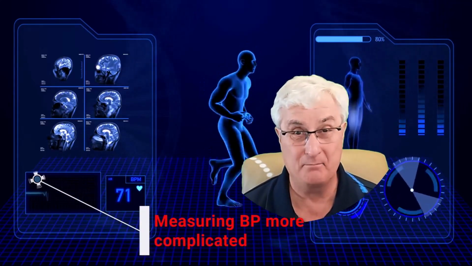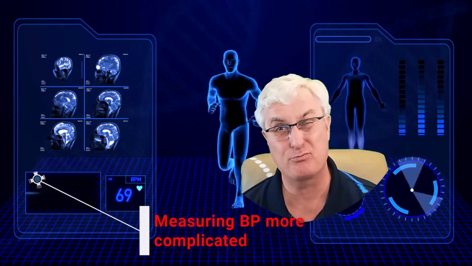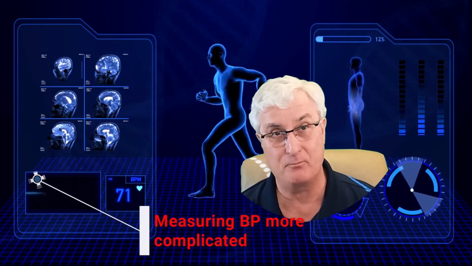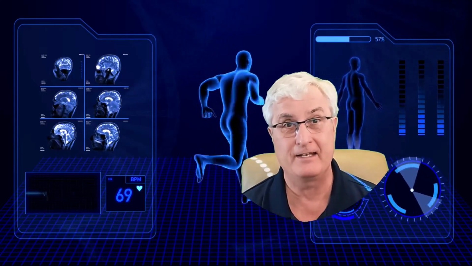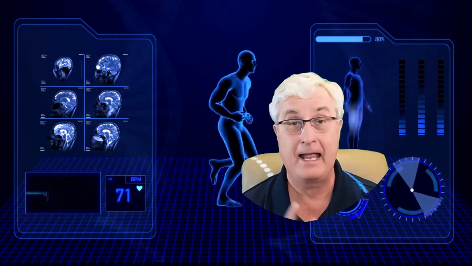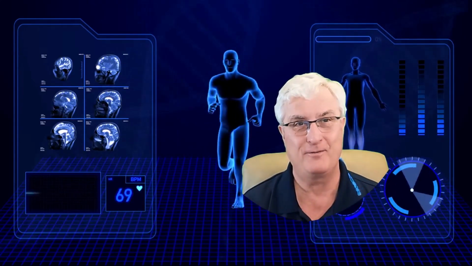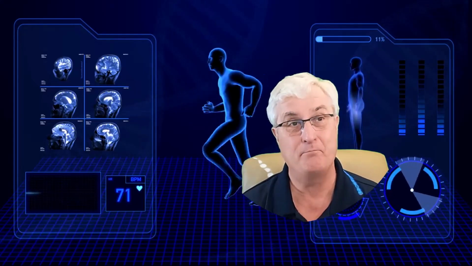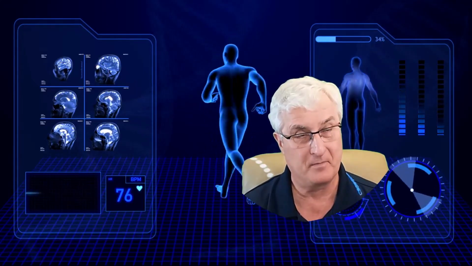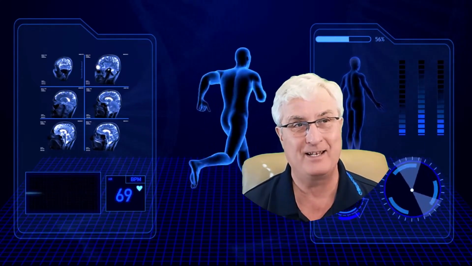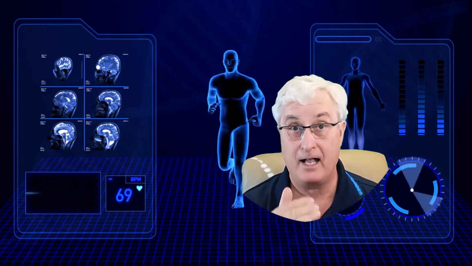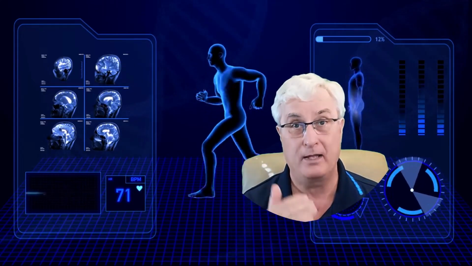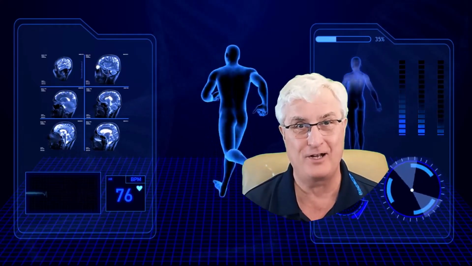We have two numbers, we have sort of a pressure number that we have to come up with, and we're going to need some more electronic gadgetry to try and figure this out. And that's why there are very few watches that actually measure blood pressure. Today in this video, we're going to talk about the different technologies that are coming to allow blood pressure to be measured on a watch.